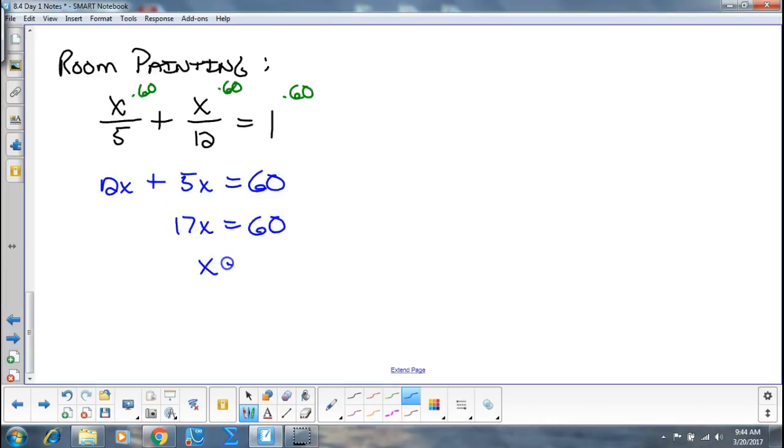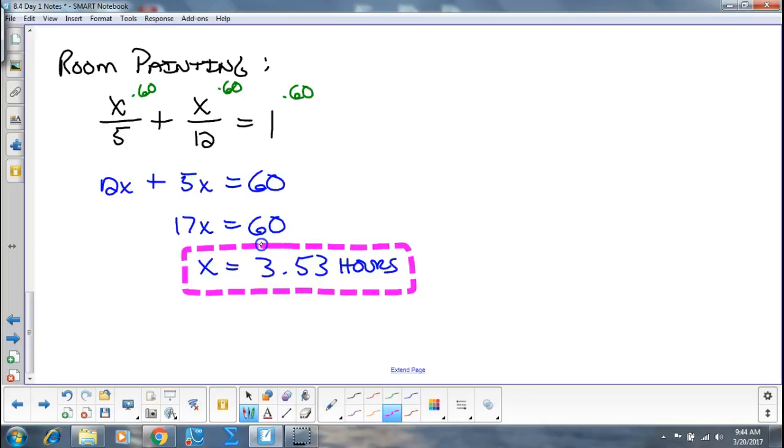So x is going to be what? 3.5 is what I'm going to say. Is that what you got? 3.5. So if it takes me 5 hours to paint this room and it takes Megan 12 hours to paint the room, together we can do it in 3.5 hours. Okay?